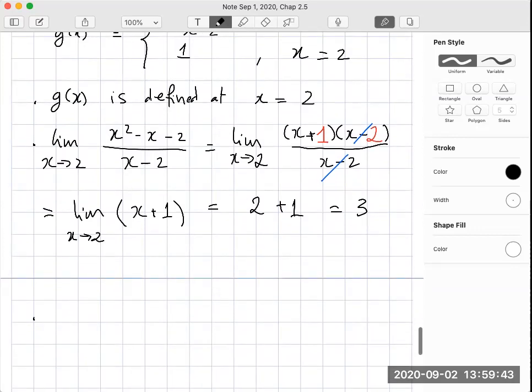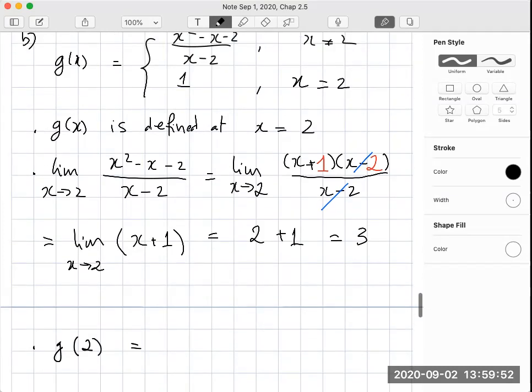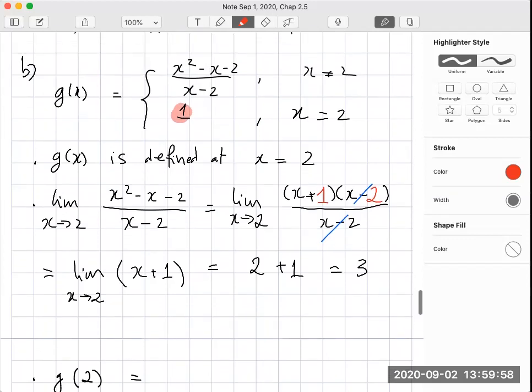But what is g of 2? Yeah, we are given here, right? G of 2 will be 1. We are given.